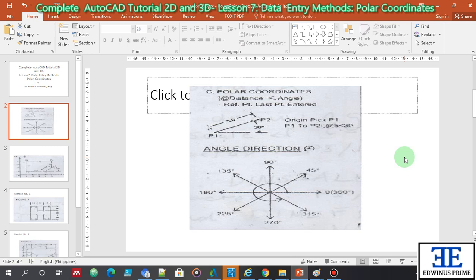But my favorite among the 3 is the polar coordinates. You'll find these data entry methods useful when drawing your plan.